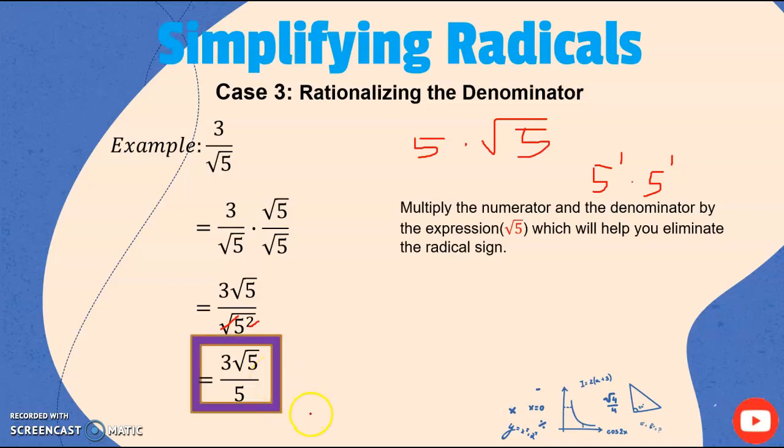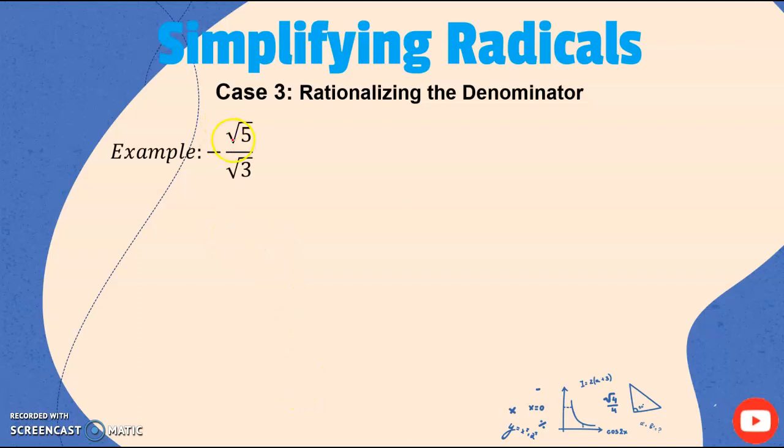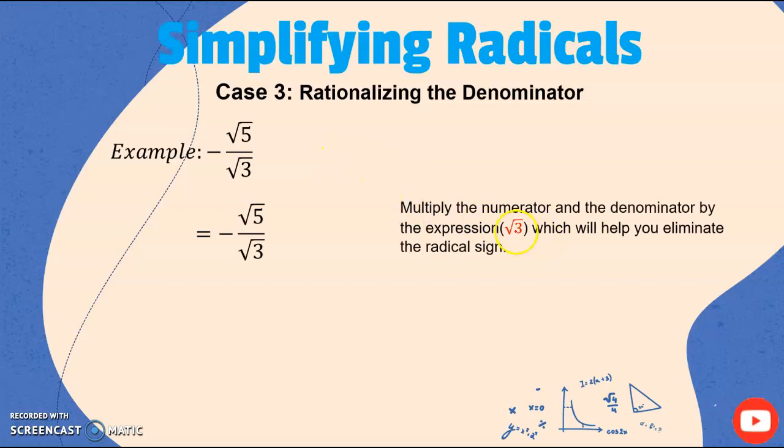Okay, let's proceed to the next one. We have both the numerator and denominator containing a radical symbol, and then it's negative. Our main focus again is to get rid of the radical in the denominator. So what should we multiply with square root of 3 to get rid of the radical symbol? Of course, it's going to be square root of 3.